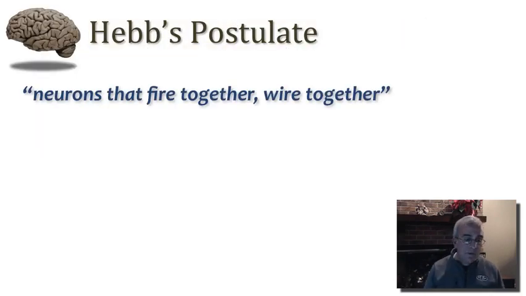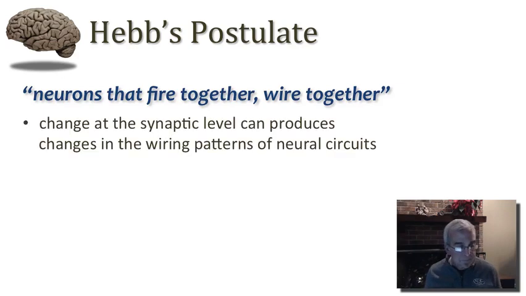Okay, so again, Hebb's postulate is captured by this phrase, neurons that fire together, wire together. And understanding plasticity at this level begins to take us from one synapse to the compounding impact across an entire set of connections that builds up neural circuits and even neural systems. So again, change at the synaptic level can produce change in wiring patterns of entire neural circuits.